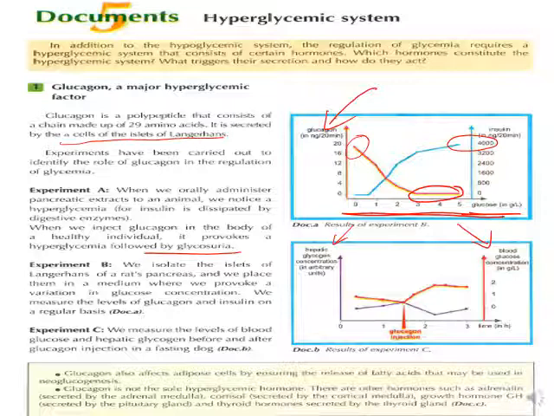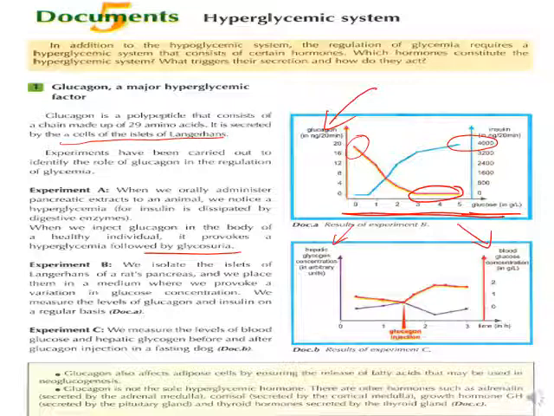After the glucagon injection, both levels of glycemia and glycogen work opposite to each other. The blood glucose concentration increases from about 0.5 to about 2, and the glycogen falls down.